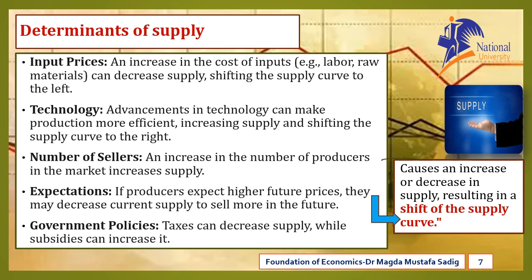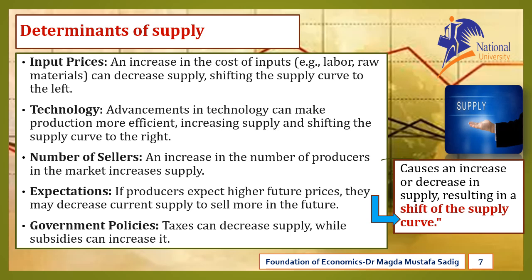Technology. New technology improves efficiency. It allows firms to produce more with the same amount of resources, which lowers cost and increases supply. So when automated machines are introduced in bakeries, the same workers can produce double the bread in the same time. Supply of bread increases, shifting the supply curve to the right.